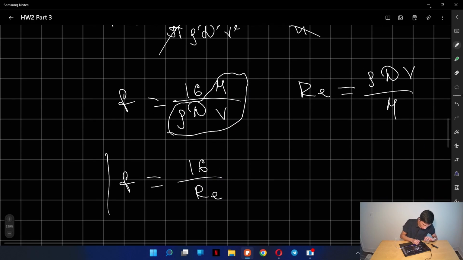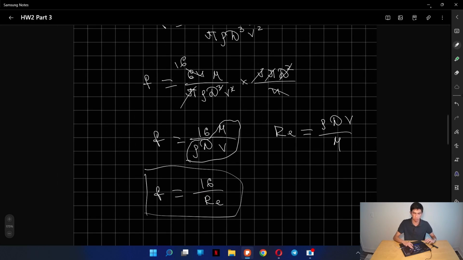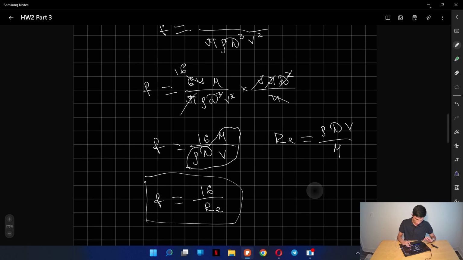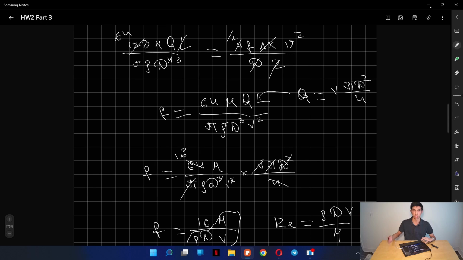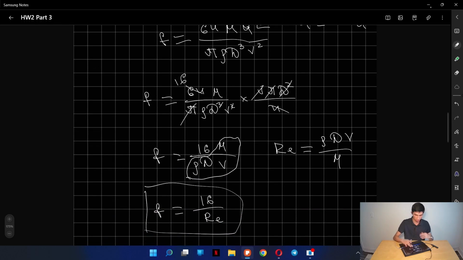So we started with the vertical gravity-driven flow, where there's no pressure change, and using the frictional heating equation and the Bernoulli equation, we derived that the fanning friction factor for laminar flow is always equal to 16 over Reynolds number.